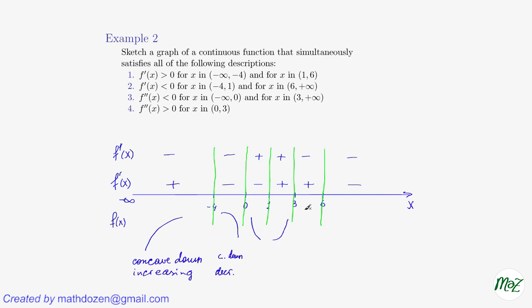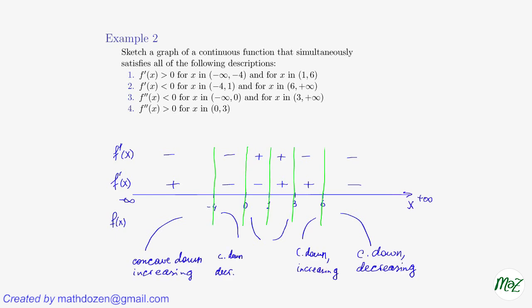Then between 3 and 6, the function is concave down and increasing. So this is the only way for it to go. And between 6 and +∞, the function is decreasing and concave down. So this seems to be the only way for it to work out.